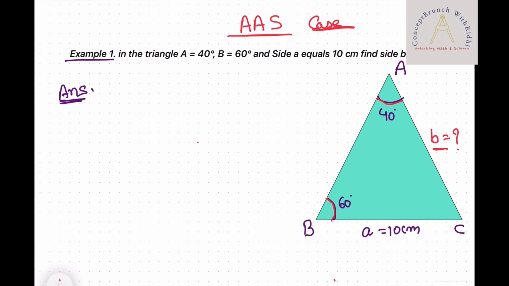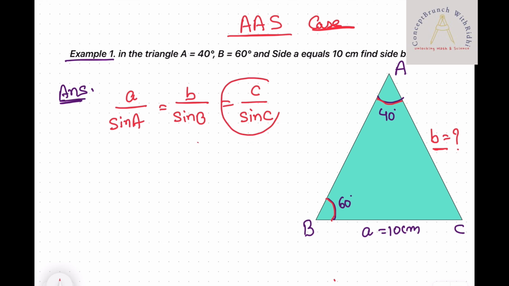So according to the sine rule, a over sine A equals b over sine B equals c over sine C, correct? Now see what information we have and what we need to find. There is no information about c, so we can ignore it, right?